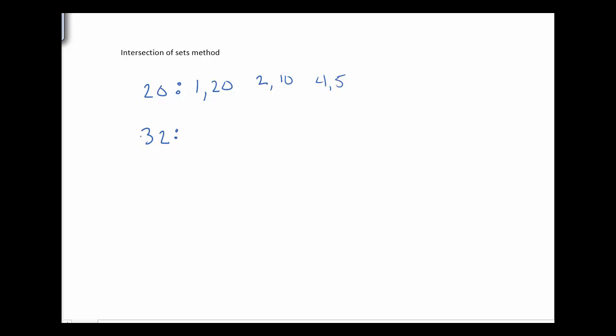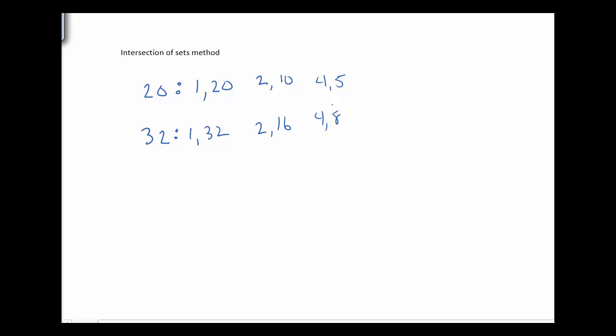Then I'll make a list of all the factors of 32: 1 and 32, 2 and 16, 3 does not go in, 4 does, so 4 and 8. 5 doesn't, so we got them all. Once I got up to 8, I know I've got all the pairs.